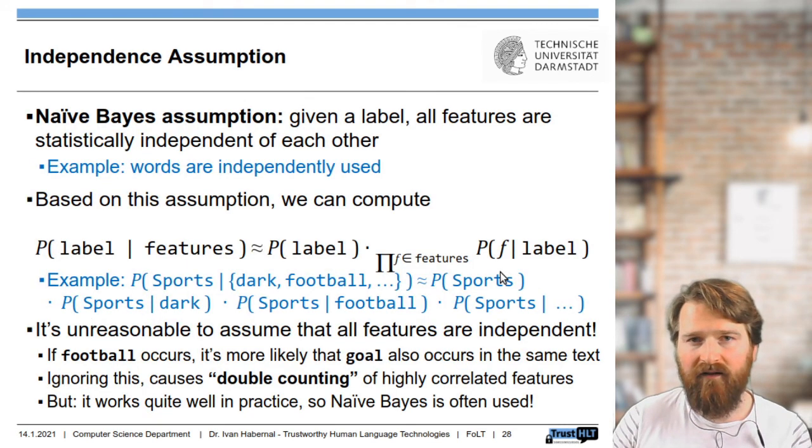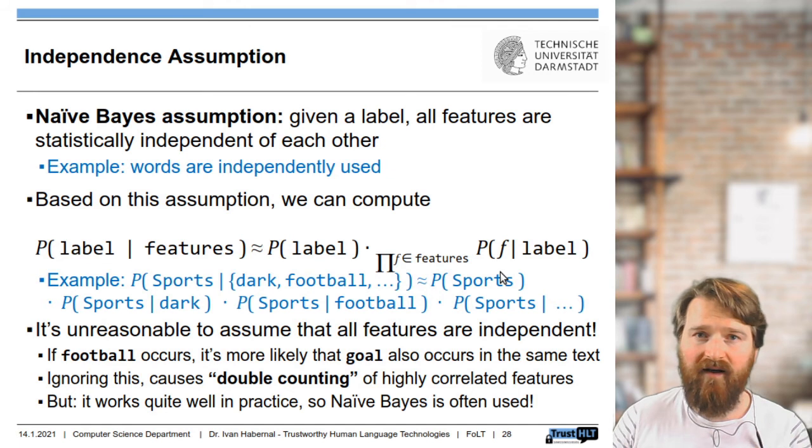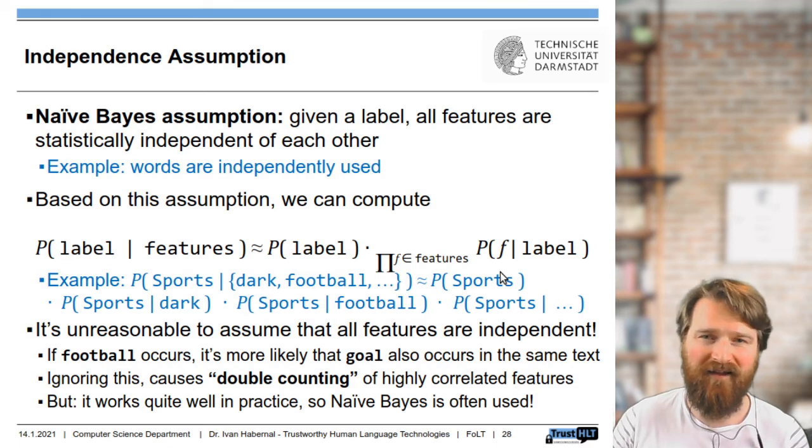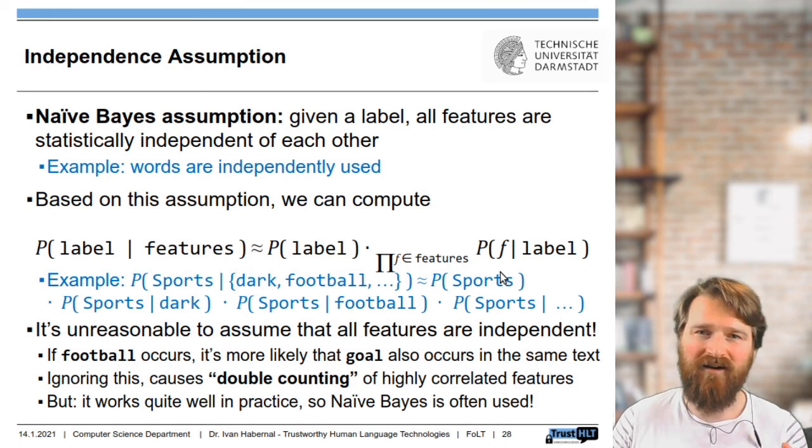And as I said already, why is it called naive Bayes? It is this naive assumption that features are independent of each other. And this is not the case. If we take words as features, for example, in document classification, words are not independent of each other.